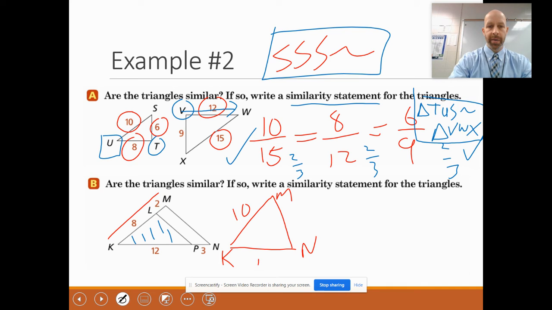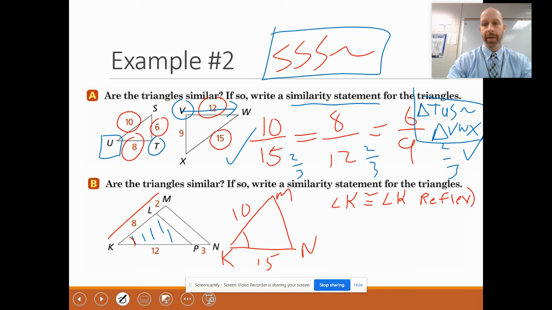The bottom length has to be 15. Oh, I guess we should also note that that angle has to be congruent to that angle. So this may be SAS, but we've got to check. We've got angle K is congruent to angle K, and that's by the reflexive property, right? We know that.